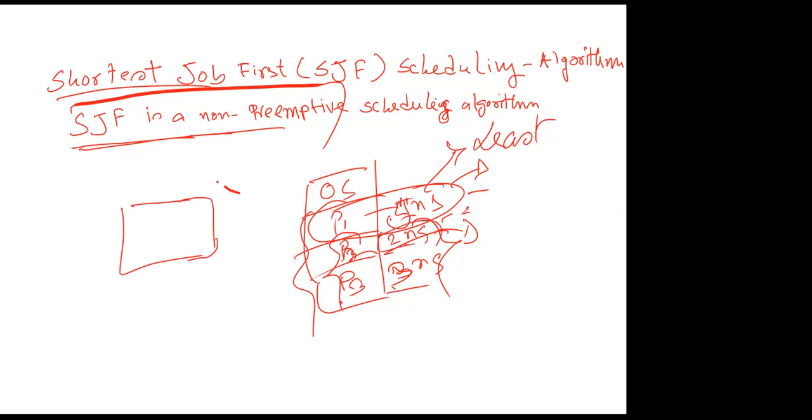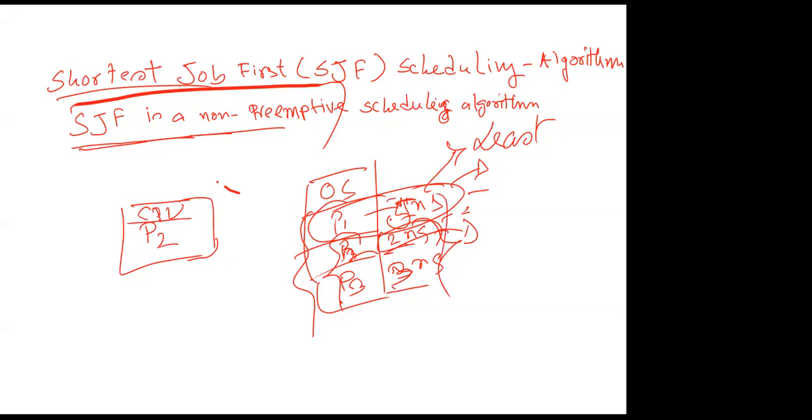P2 needs the least execution time, because I changed it. P1 needs 5 nanoseconds and P2 needs the least burst time. So P2 will be scheduled by your operating system and it will be executed inside the CPU.